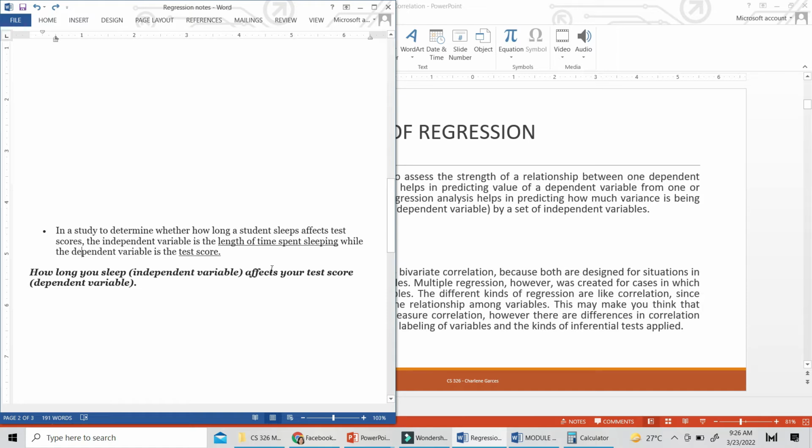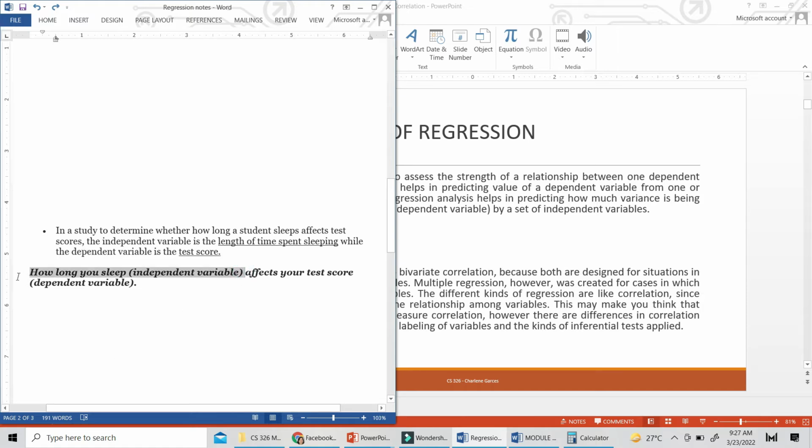So if matulog mo the whole night before the exam, or natulog mo half the night before the day of the exam, it actually affects the scores that you will be getting. So again, ang independent variable nato diha is how long you sleep.